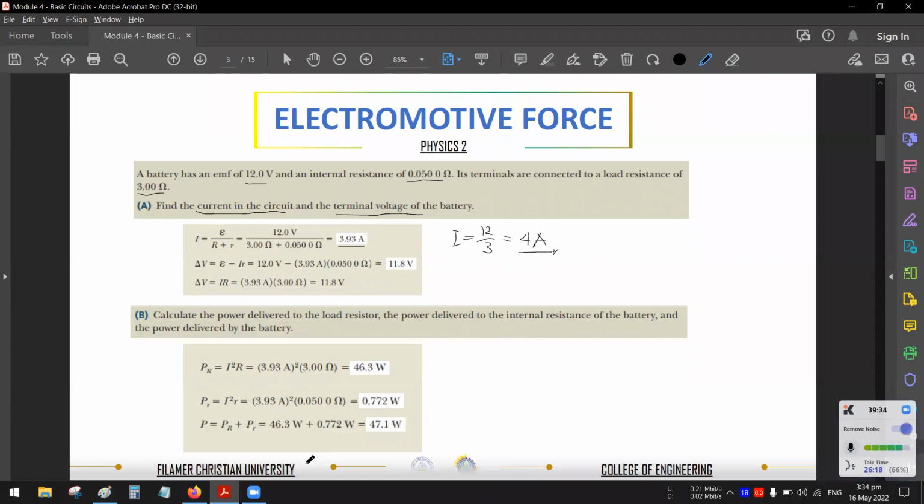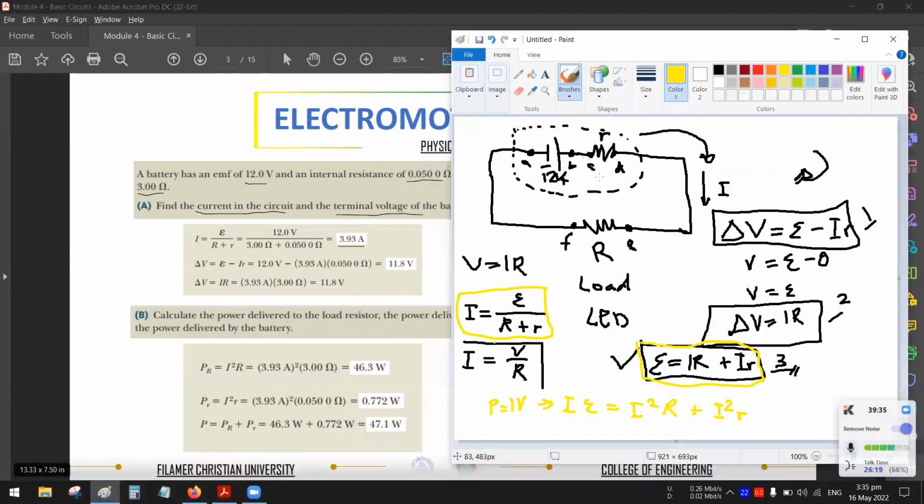So kung sa circuit natin lang tawon, direct pag-iina, so this is yung hinahanap na potensyal na terminal voltage. Kasama dito yung current, kasama dito yung internal resistance, and yung EMF natin na 12 volts.